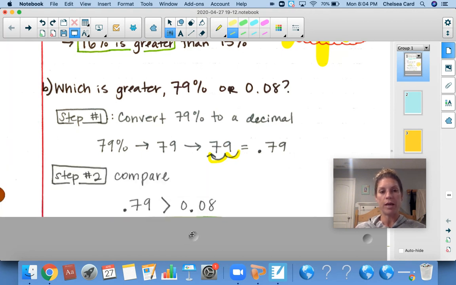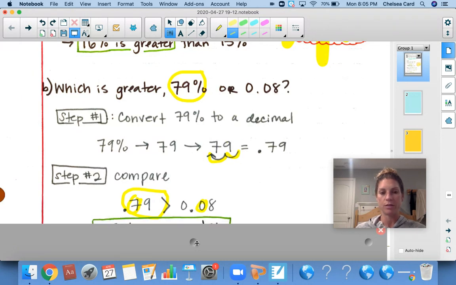So we look at what is greater, 7900ths or 800ths. And 7900ths is clearly greater because this has a 7 in the tens place and this has a 0 in the tens place. So 7900ths is greater, which means that our answer here, 79%, is going to be greater than 800ths.